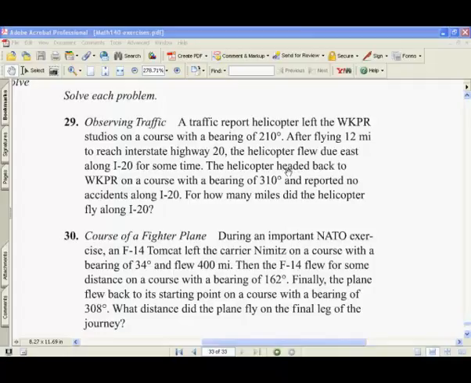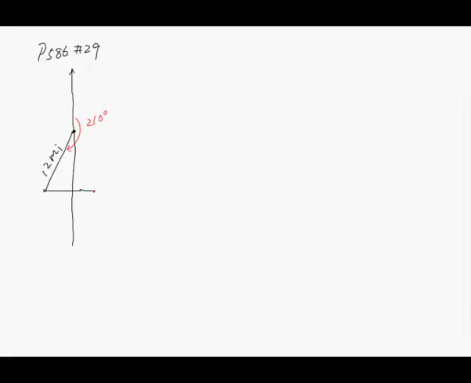The helicopter headed back to WKPR on a course with the bearing 310 degrees. So now at this point, the bearing is equal to 310 degrees. Okay, let me draw this a little bit.